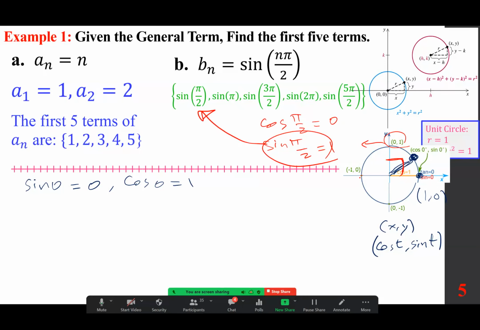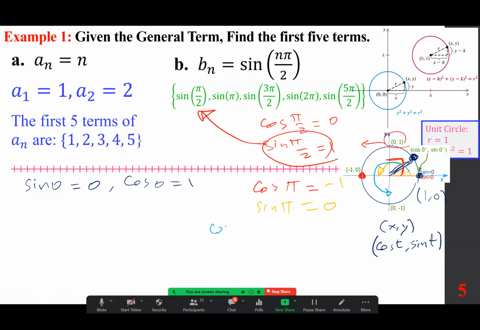For this one, cosine of pi, because this is pi or 180 degrees, is negative 1. Sine of pi is 0. This angle is 270 degrees.